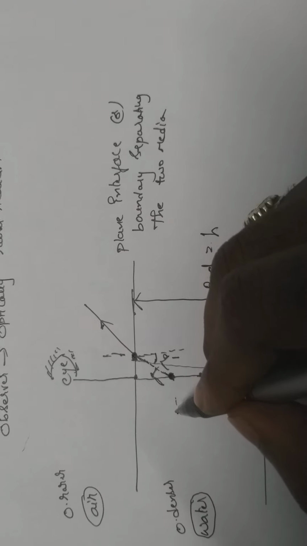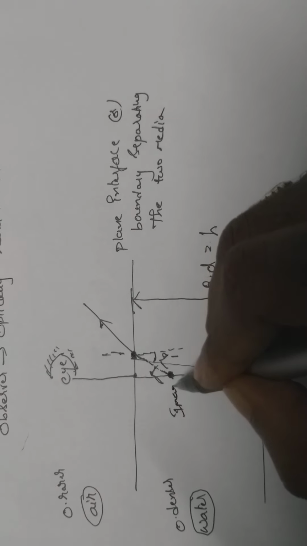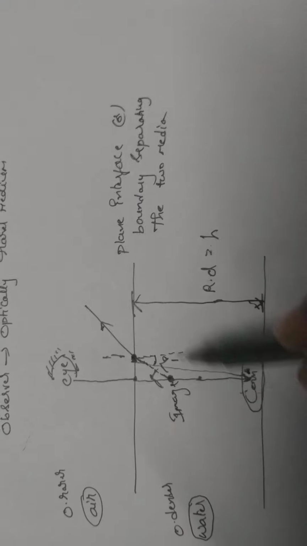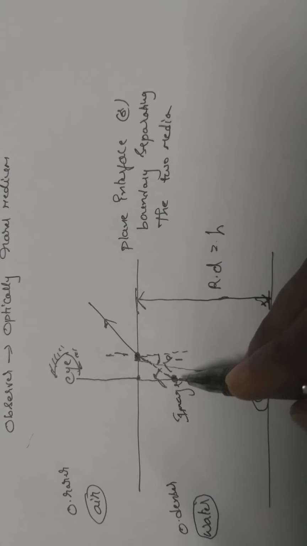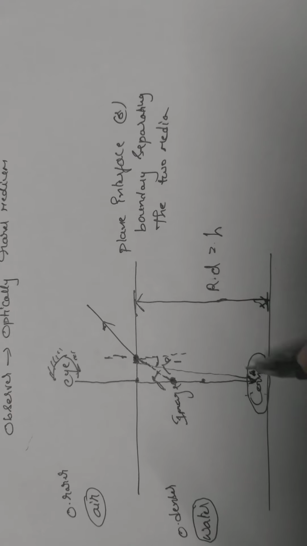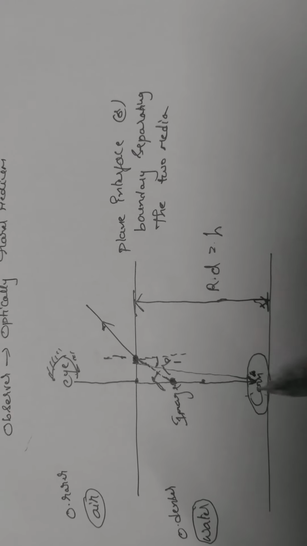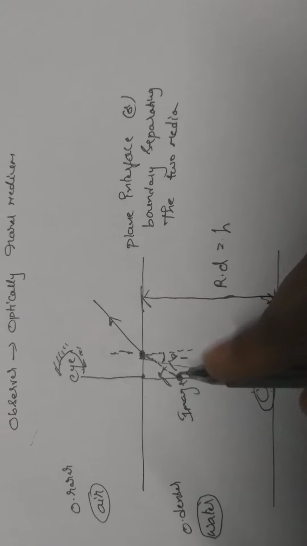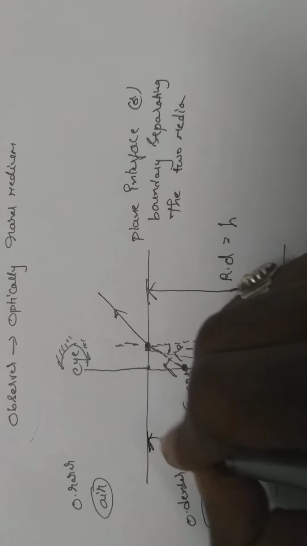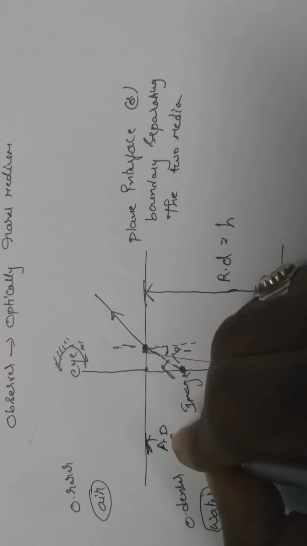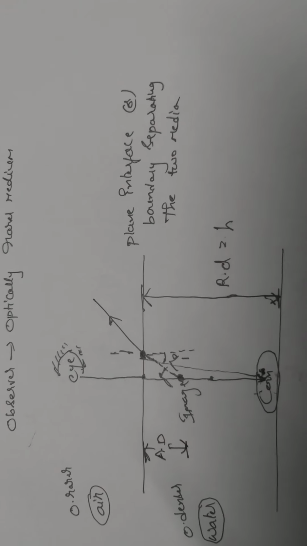For this eye, the coin appears to be at this position, not at its real position. The apparent position, or the image formed of this coin, appears to be here. So this is the apparent depth of the coin.